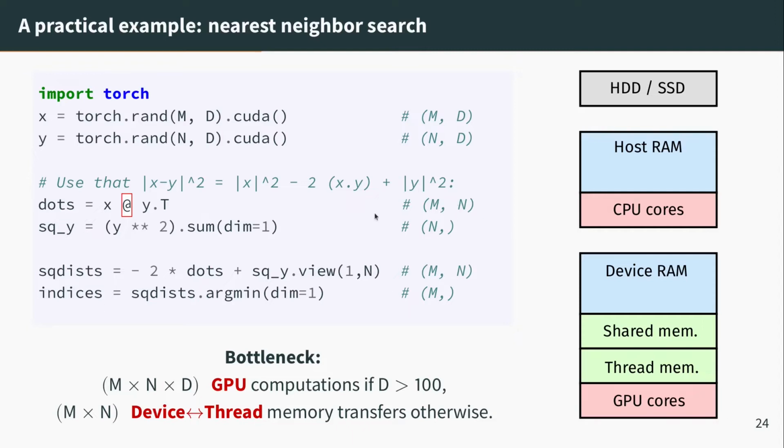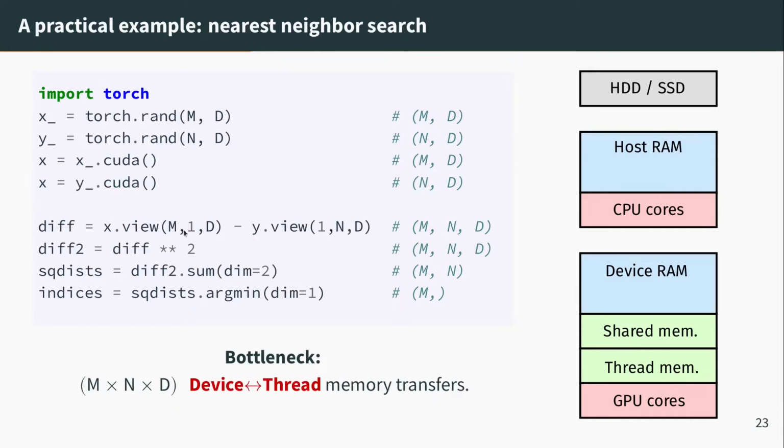And the good thing is that this operation is provided to you by NVIDIA, essentially through the cuBLAS library, and it's going to be way more effective than allocating an M N D array and then performing a sum.